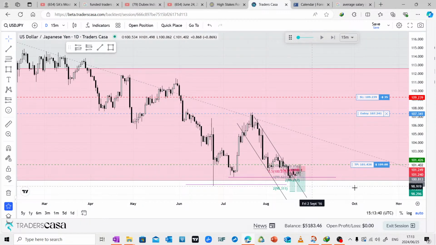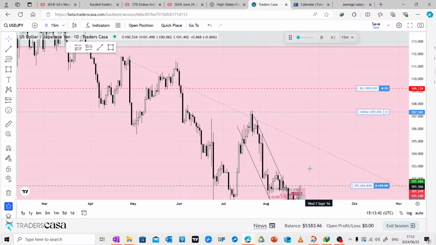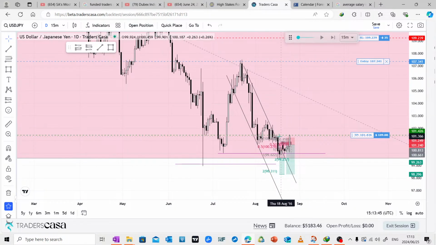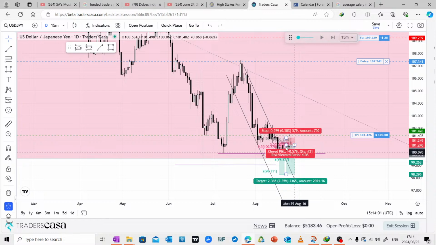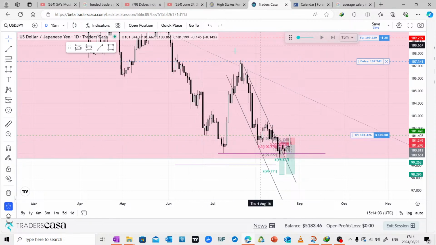Now, yes, we did take L's, but this is a proper crossover now for me. So I'll look at the first bearish candlestick, and it was respected. You check. Now we've got the other one that's here.